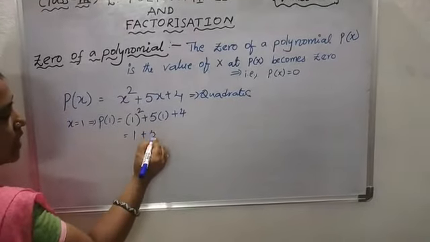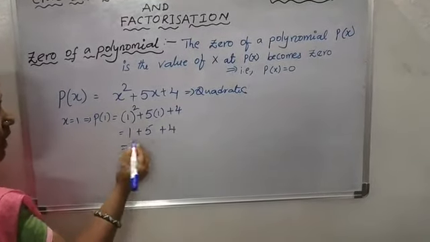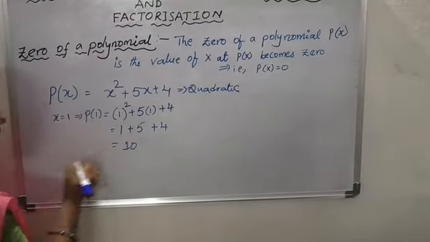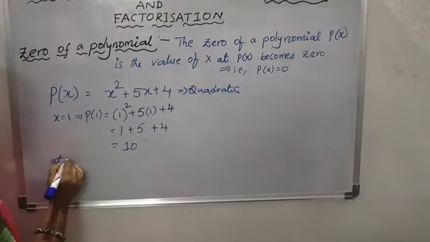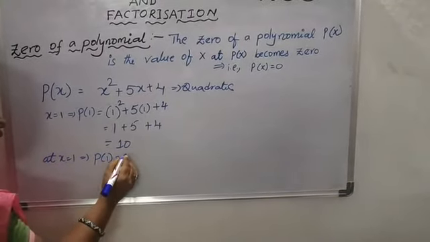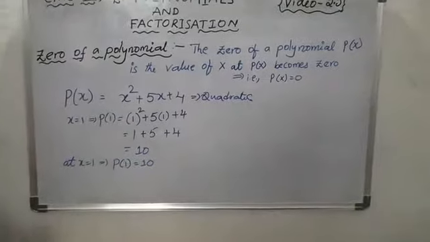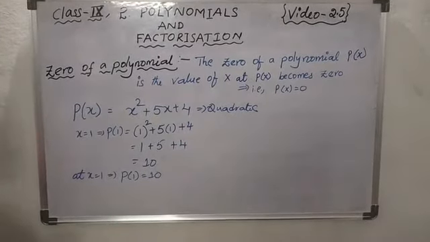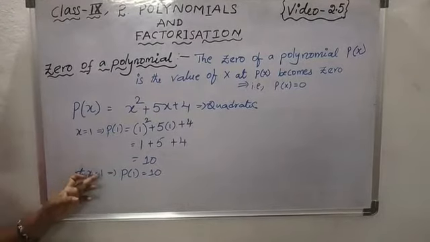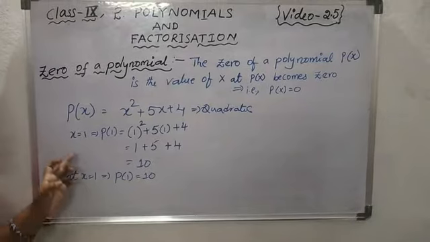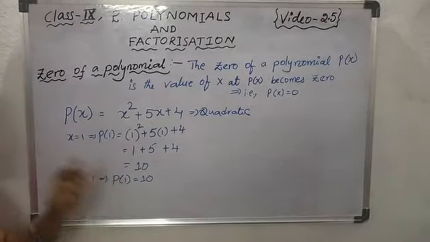Plus 5 ones are 5, plus 4. 1 plus 5 plus 4 is equal to how much? 10. Therefore, if x is equal to 1, we get p of 1 is equal to 10. So the value of p of x at x equal to 1 is 10.